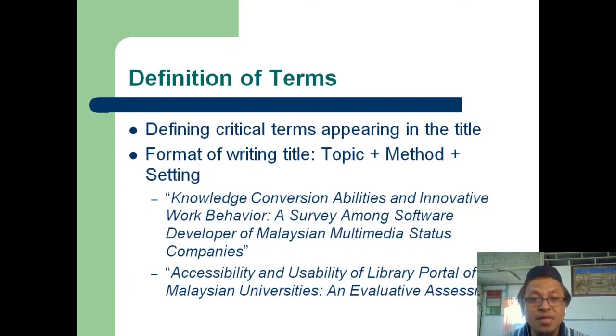All right, so that's how you should be composing and writing your title. From the title, try to extract the critical words that can make ordinary people, laymen, not understand the topic.